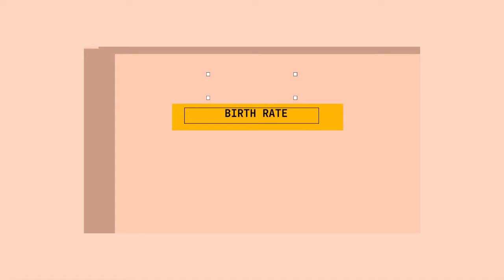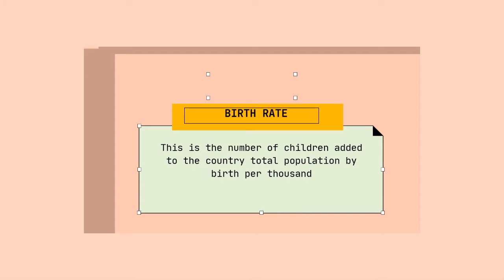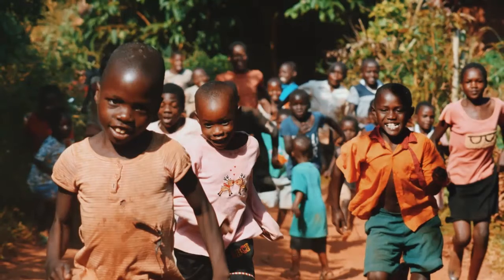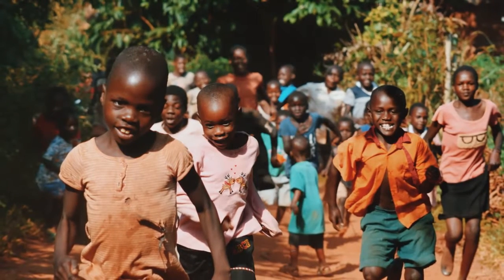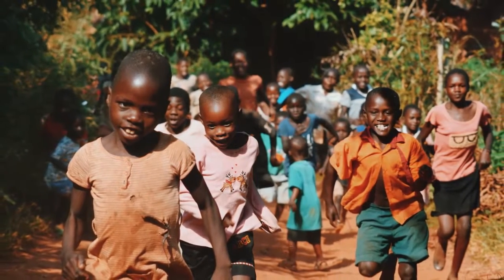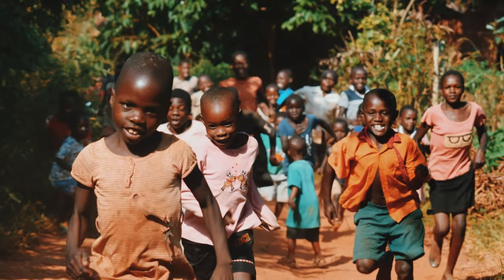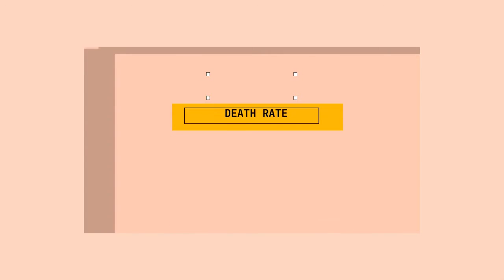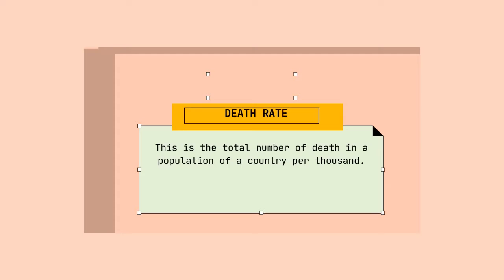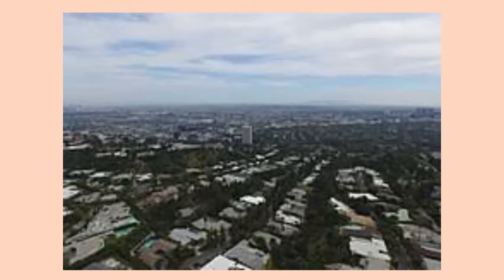Natality rate or birth rate is used to denote the number of births or children born per thousand at a given point in time in a geographical region or area. Death rate is the number of persons that died in a given total population of an area over time in one year.